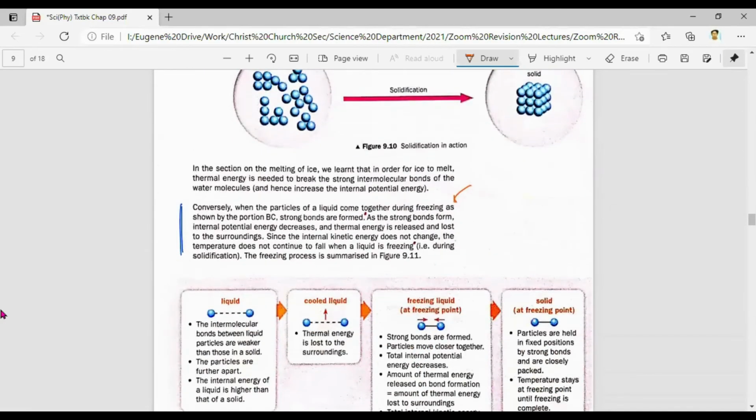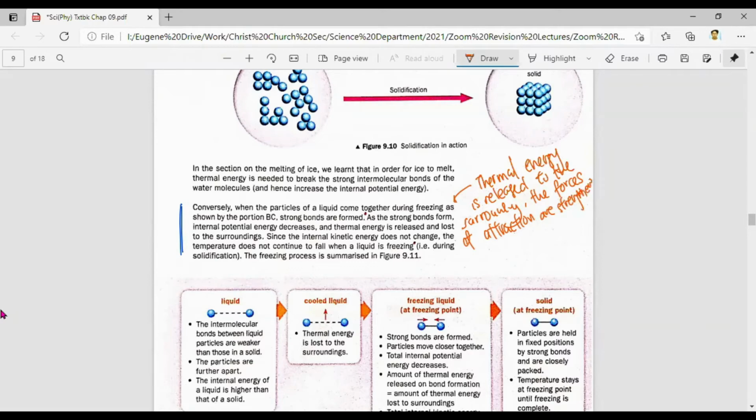So let's start off with the first part here. Thermal energy is released to the surroundings. And when this thermal energy is released to the surroundings, what actually happens? The forces of attraction, they say strong bonds are formed, but I'll say the forces of attraction are strengthened.